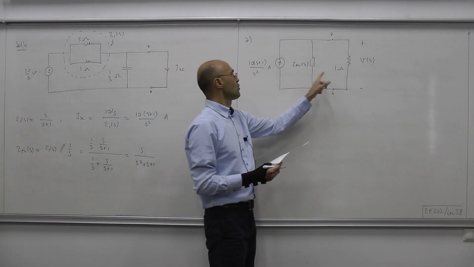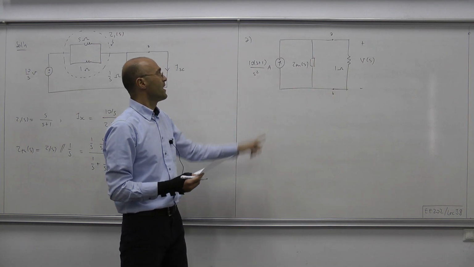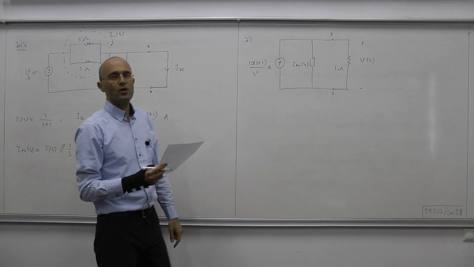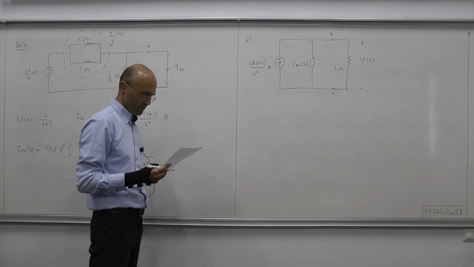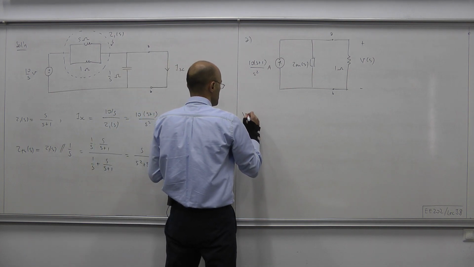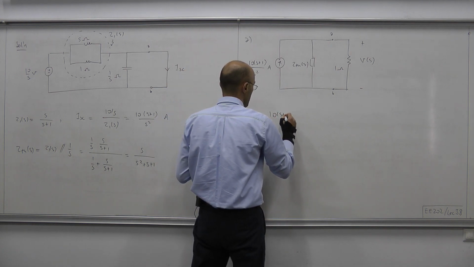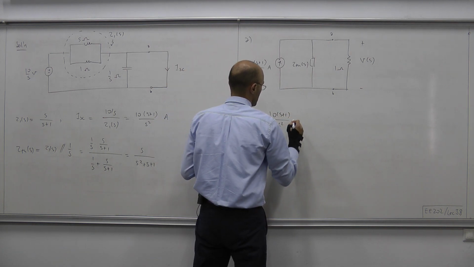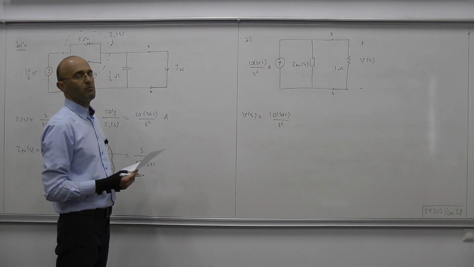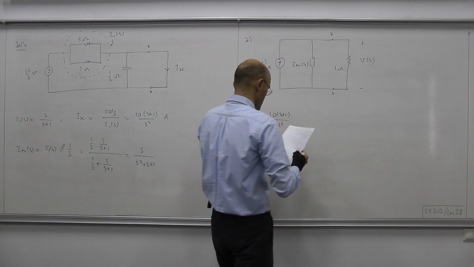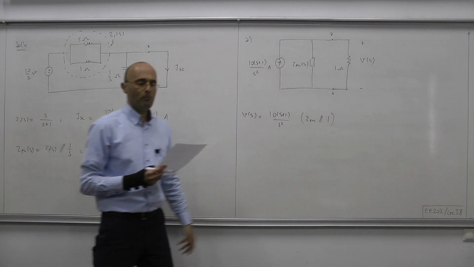All we have to do is compute the equivalent impedance, this Thevenin impedance connected in parallel with 1 ohm, and then this current will be flowing over that equivalent impedance and generating the voltage that we're after, V of S. Okay, so V of S in this case is the Norton current, multiplying the equivalent impedance seen by the current source, which is Z Thevenin connected in parallel with 1 ohm.